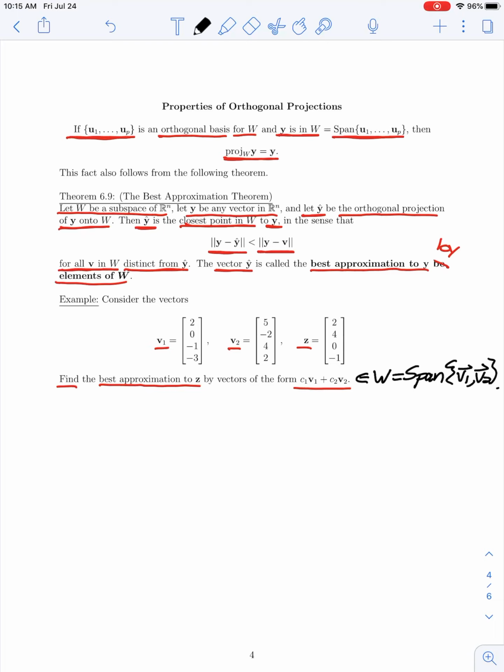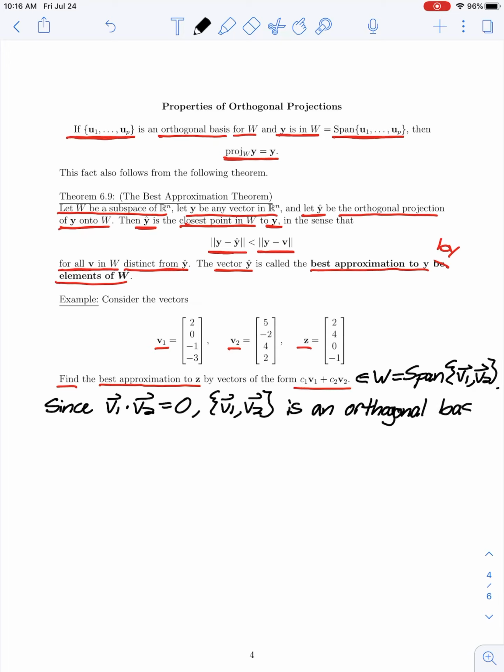In order to use our previous theorem and find this orthogonal projection, we need to make sure that v1 and v2 are an orthogonal set. If we consider their dot product, we have 10 plus 0 minus 4 minus 6, which is indeed 0. So the set consisting of v1 and v2 is an orthogonal set which spans W, so it is an orthogonal basis for our set W.